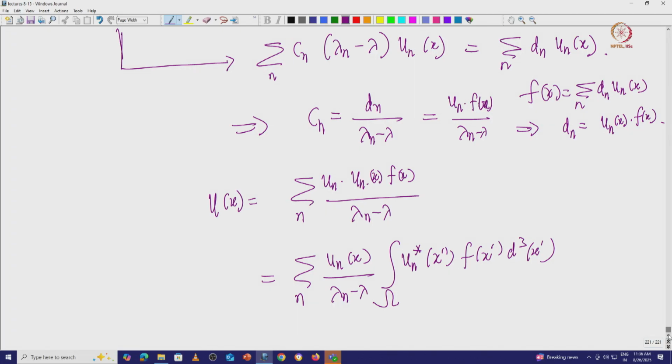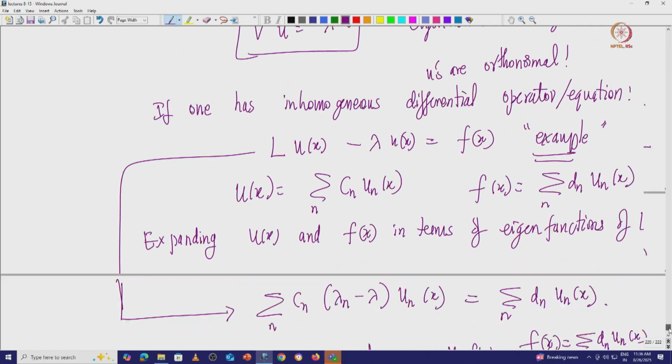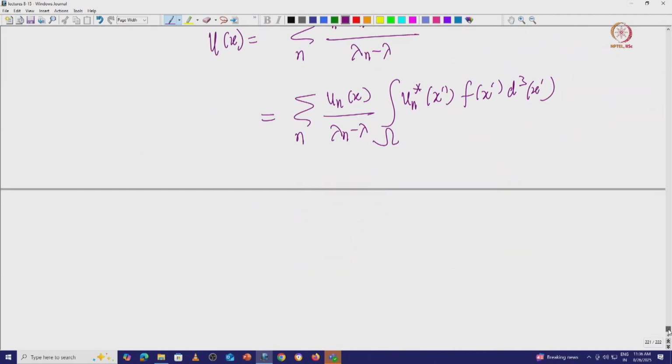So u of x is equal to the integral over omega of g of x x prime f of x prime d cube of x prime.